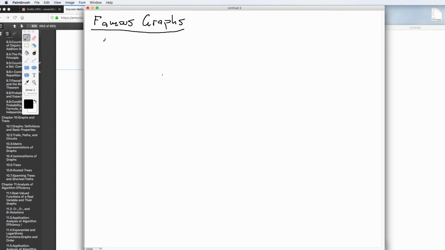The first one is the complete graph on n vertices. This is denoted in the book, as well as in the literature, as K subscript n.